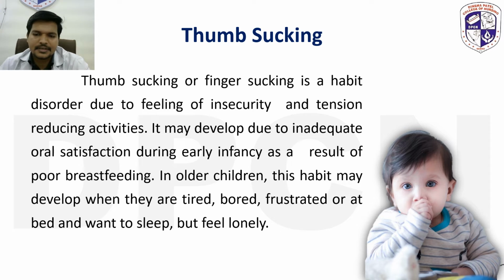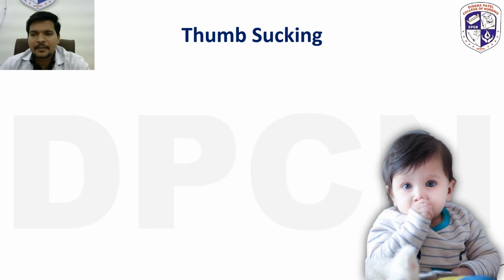In older children, this habit may develop when they are tired, bored and frustrated, or at bedtime, or want to sleep but feel lonely. So this is one of the behavior disorders in the toddler age. Whenever children feel insecure, emotional or frustrated, it may appear.